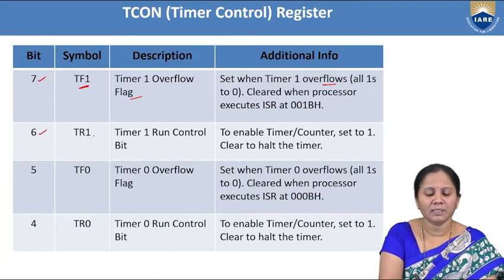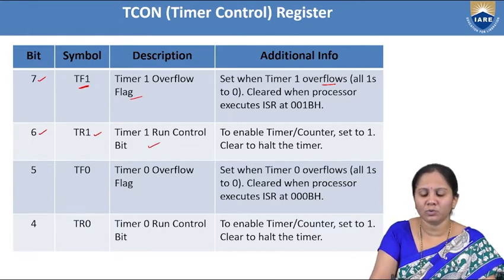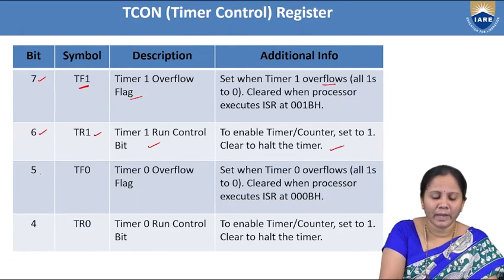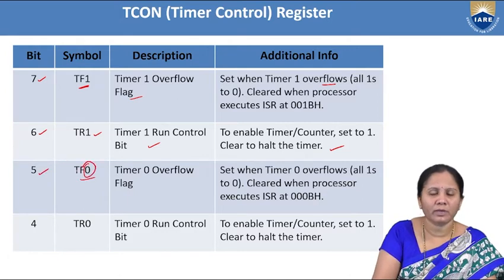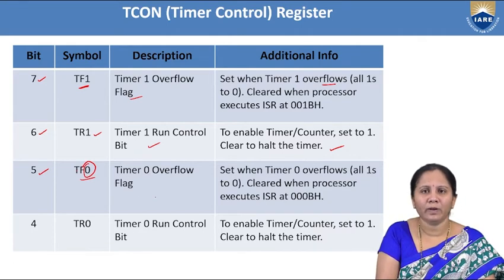And the 6th bit is TR1. TR1 represents the timer 1 run control bit. It is used to enable the timer counter when set to 1, or clear it to halt the timer. And the 5th bit is TF0, related to timer 0, the timer 0 overflow flag.